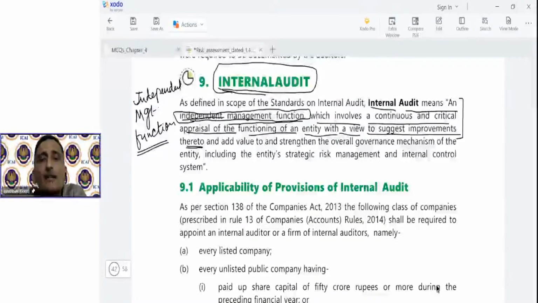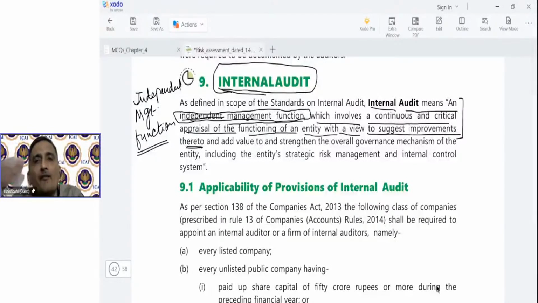He would not be reporting to some operational people in the accounts department of the work he is checking, reporting within that department. So his stature, his overall organizational status in the company should be such that he commands respect.